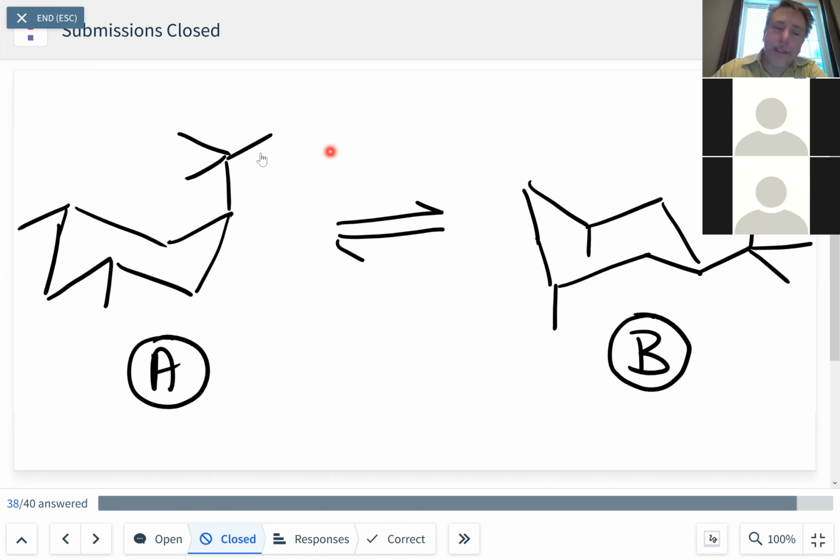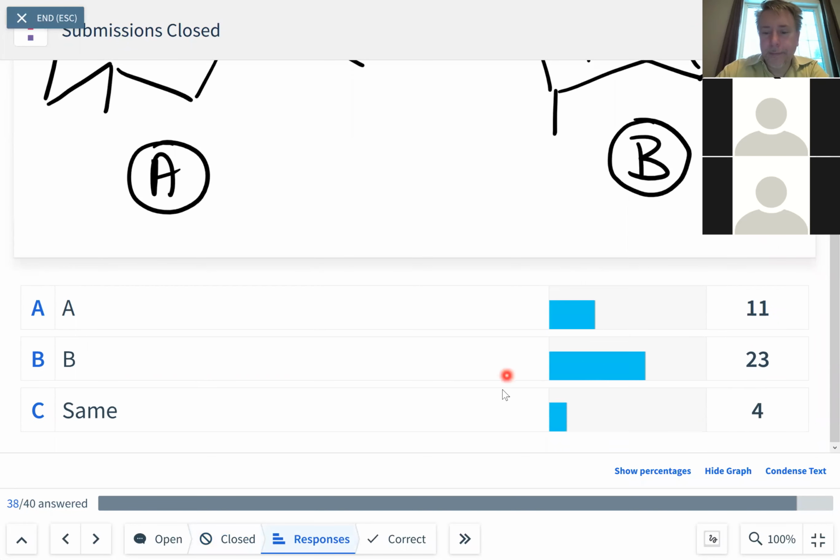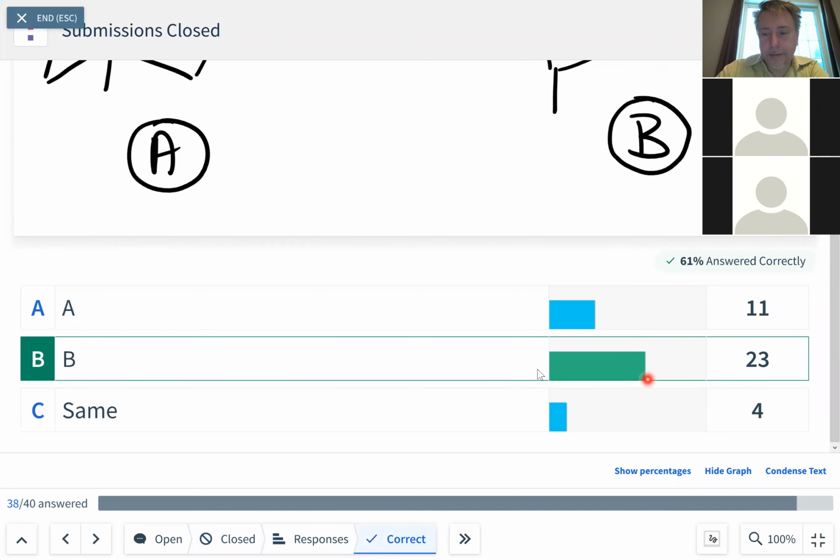So whenever you see a tert-butyl group, its preference is overwhelmingly to be equatorial. So B is the correct answer for this one.